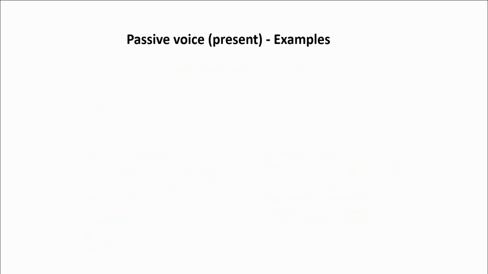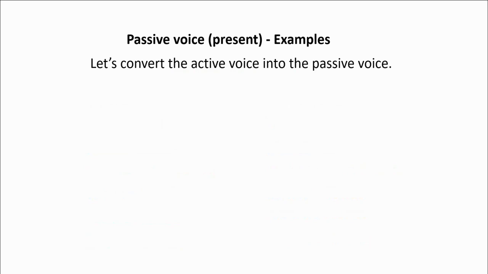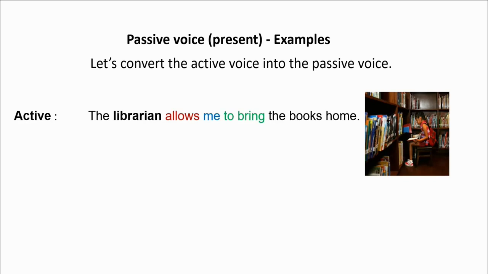So we're going to convert the active voice into the passive voice. So here is the sentence that we've already seen in the active voice. The librarian allows me to bring the books home. Remember, we have the information here.